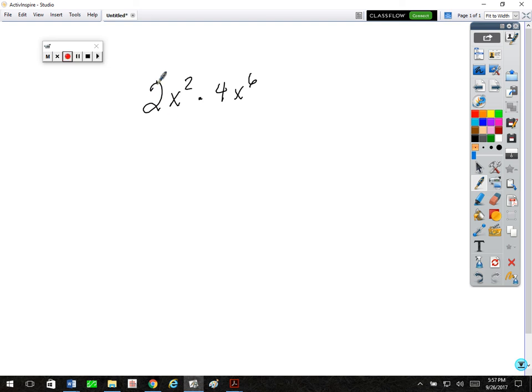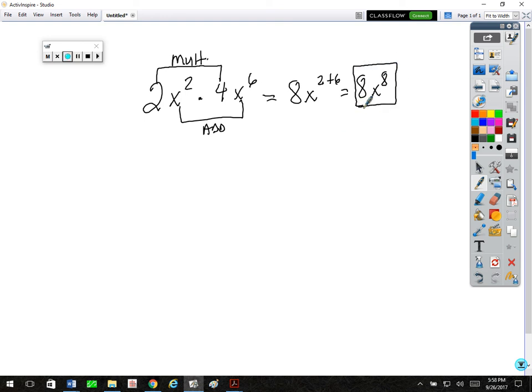If we're doing this, we're going to multiply the coefficients, and we're going to add the exponents of the same base. So 2 times 4 gives me 8. Then I have x, 2 plus 6 gives me 8x to the 8th power. That's my final answer. I can't go any further because I have no idea what x is. Nobody told me, so I'm finished with that one.